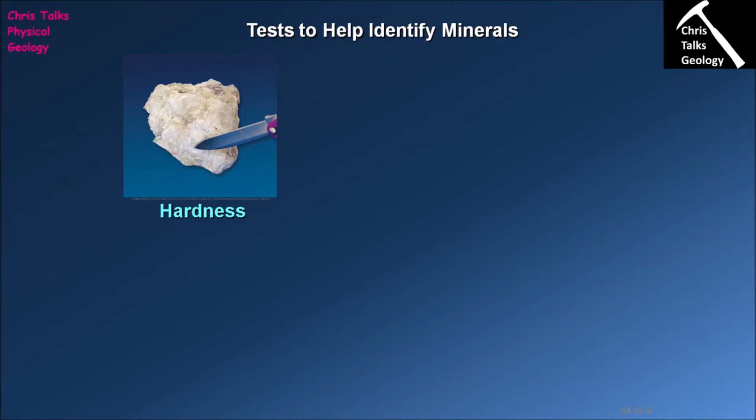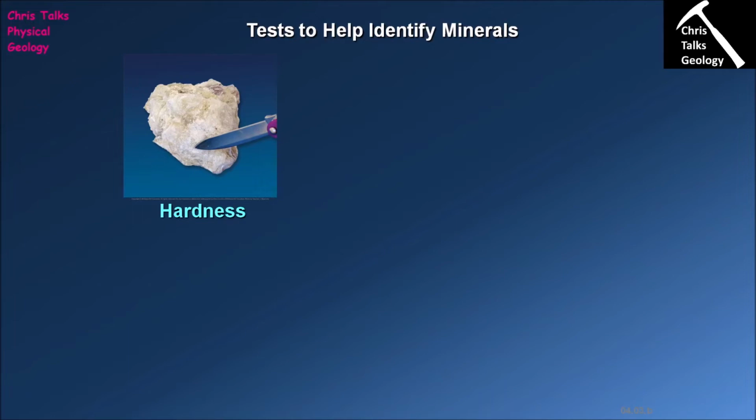And the Mohs scale is helpful to geologists because it uses a number of materials to test the hardness which will be readily available to a geologist. And so, for instance, we will use our fingernail, so minerals which are 1 or 2 on the scale will be scratched by a human fingernail, but a mineral that's 3 on the scale or higher will not be scratched by a fingernail.